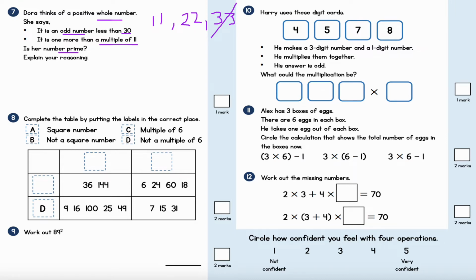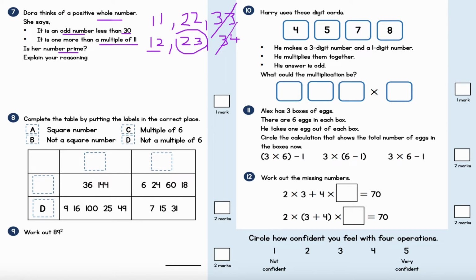It's one more than a multiple of 11, and it's an odd number. So 1 more than 11 is going to be 12. 1 more than 22 is going to be 23. This one doesn't actually matter, but it would be 34, and I'm ignoring that because it's an odd number less than 30. So I ignore those numbers. Her number will be 23, because 12 is not odd, 12 is even, but 23 is.